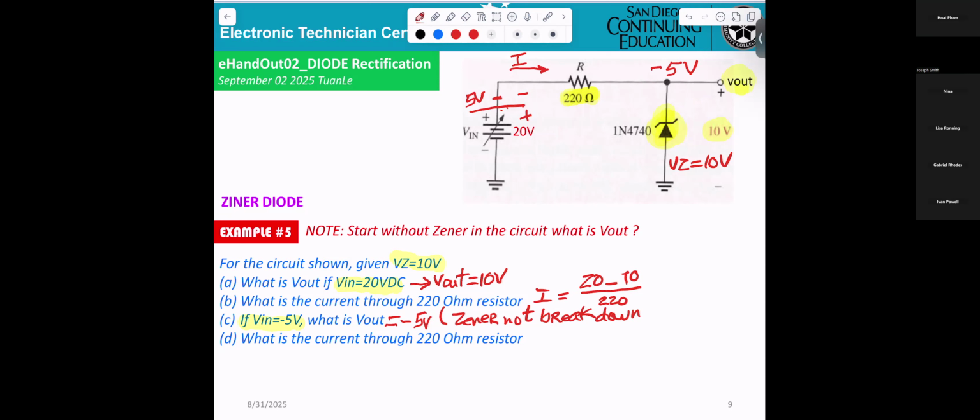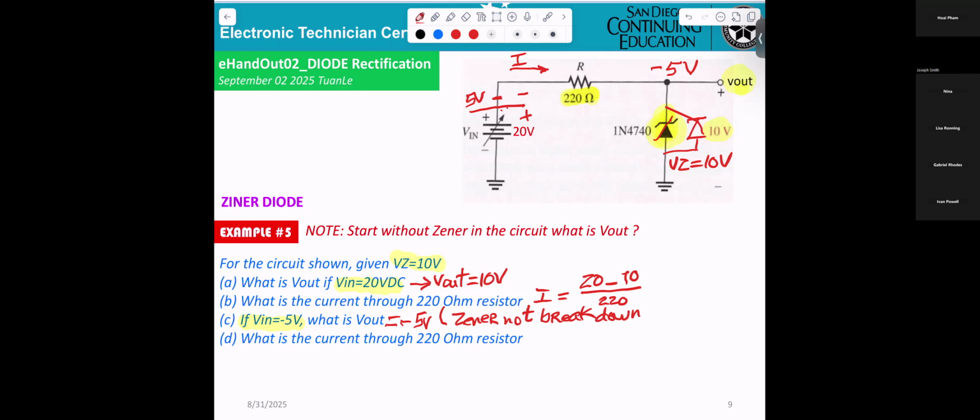So that's why VL equals -5. The Zener not in breakdown looks like a normal diode. Just normal.